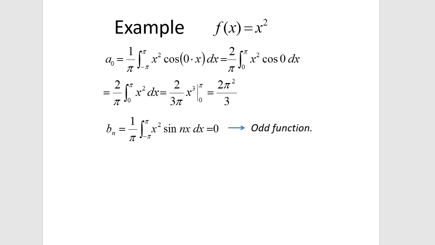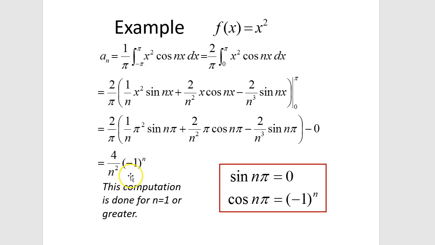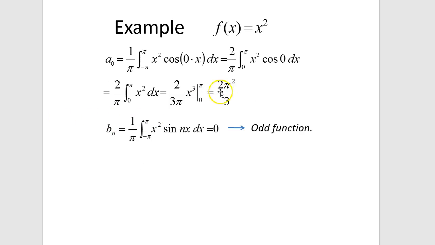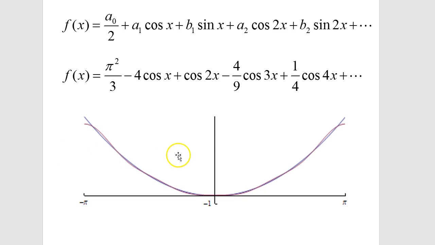Now, using these values, 4 over n squared times (-1) to the nth power, and also 2 pi squared over 3, you can get the Fourier series, which is actually the Fourier series that we obtained before. See, these numbers were obtained by using those formulas.